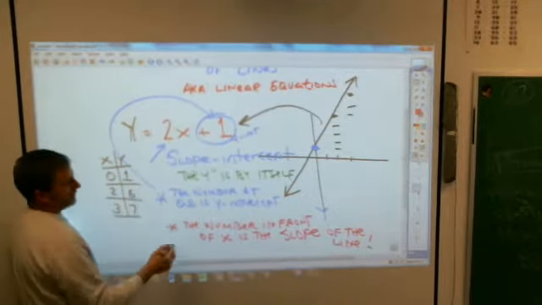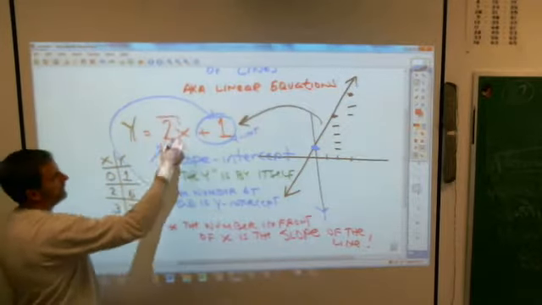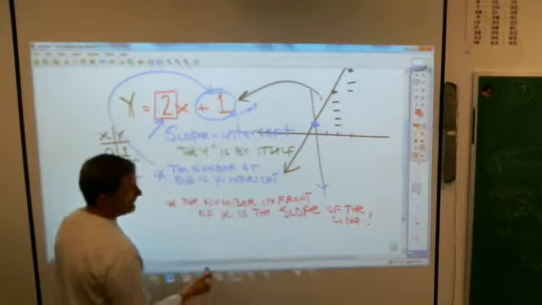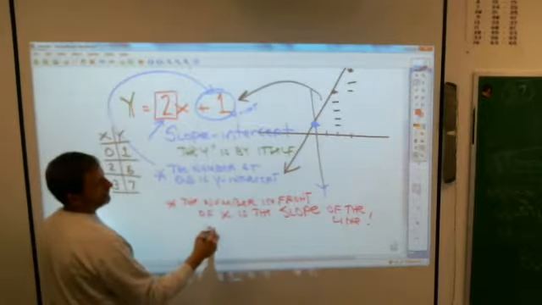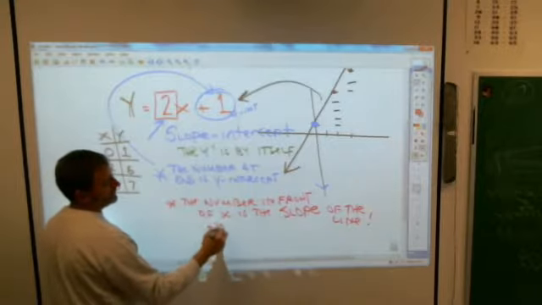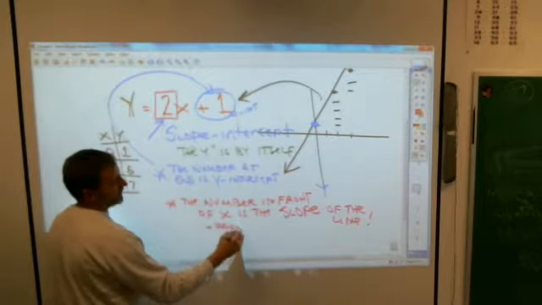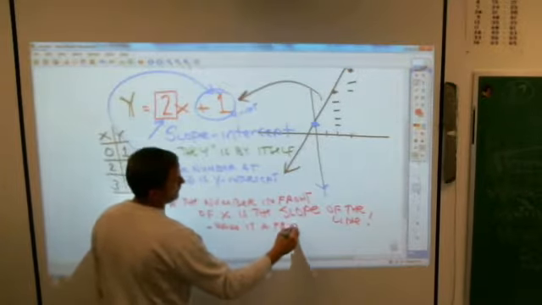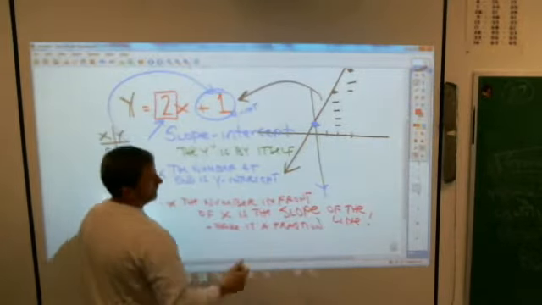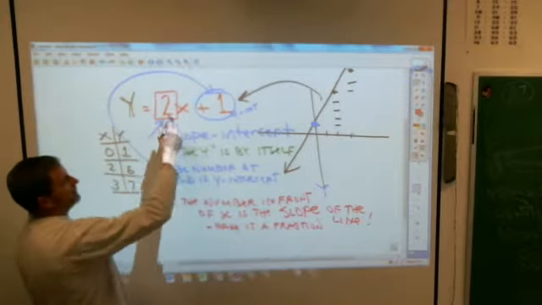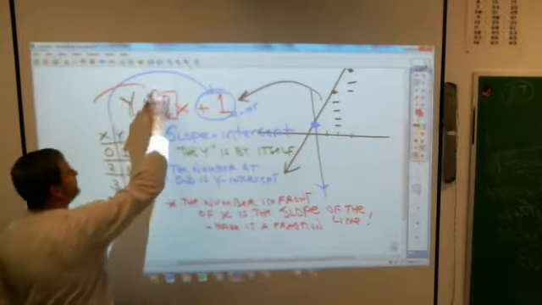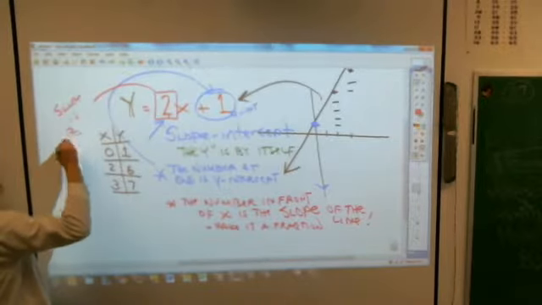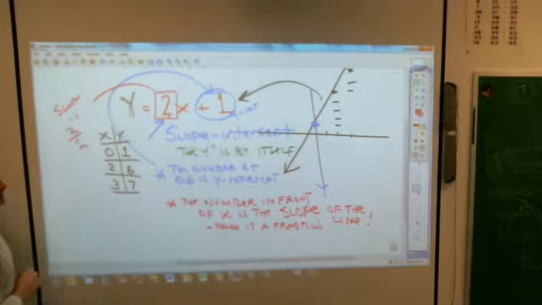Now, if you remember, when we talk about slope, we need slope to be in fraction form. So if it isn't, you need to make it a fraction. This was a 2, so in this case the slope is 2 over 1.